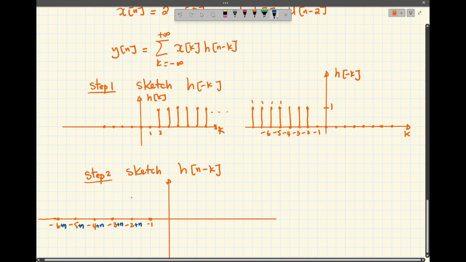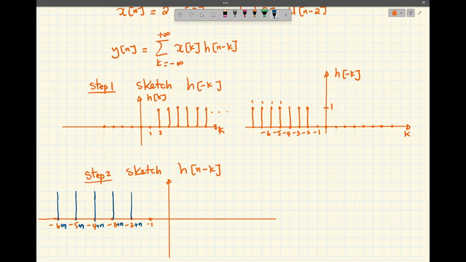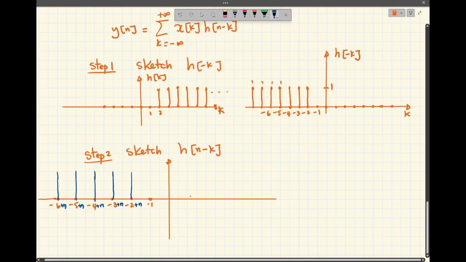The first value is no longer at negative 2 specifically, but at n minus 2, and it is 0 beyond that.